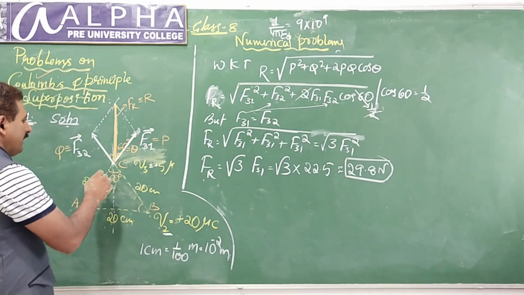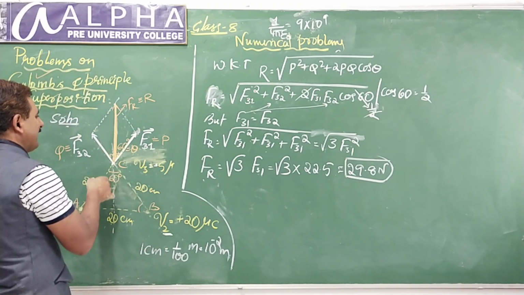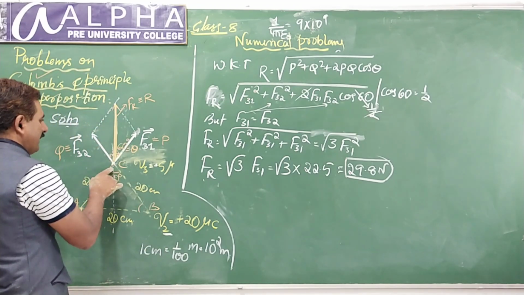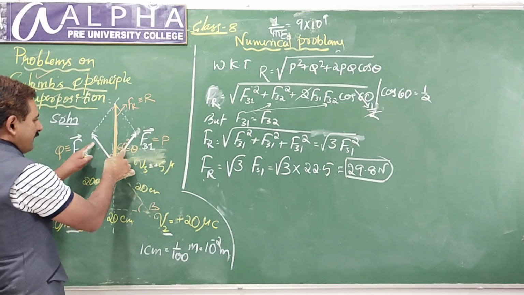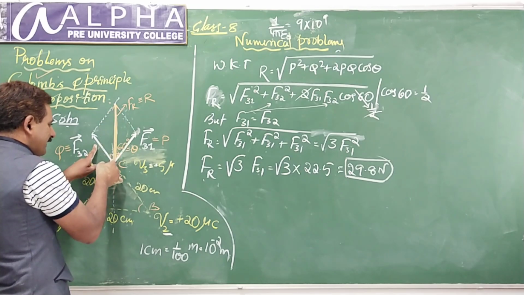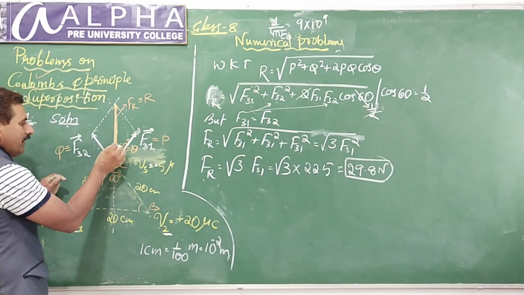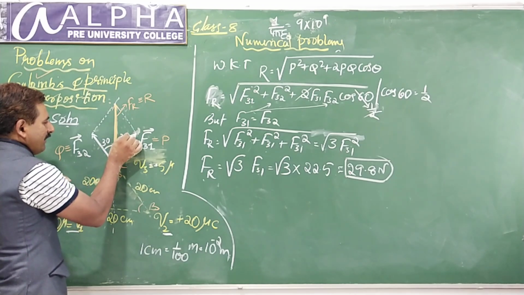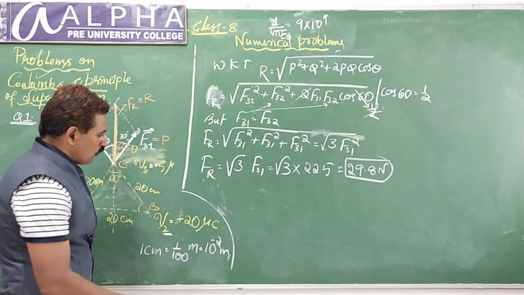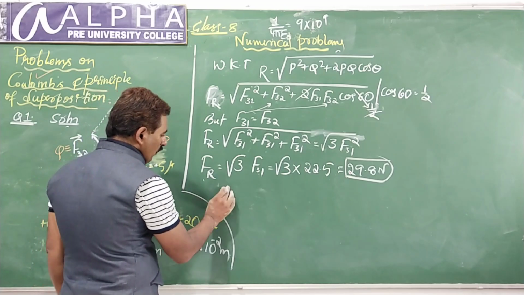Now what is the direction? Which way is it acting? Since these two are equal forces, the resultant exactly bisects the angle. Bisecting means this side 30 degree and this side 30 degree. But you can find that value using tan alpha. What is alpha?